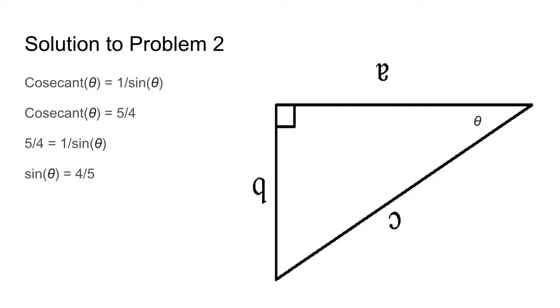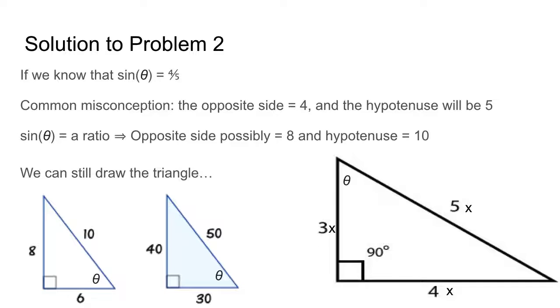So, the solution to this problem is simply the reciprocal of the cosecant ratio, because sine is the reciprocal of the cosecant ratio. So we therefore get that the sine ratio is 4 over 5. If we know that the sine ratio equals 4 over 5, it can be very easy to fall into the misconception that the opposite side is 4 and the hypotenuse is 5.